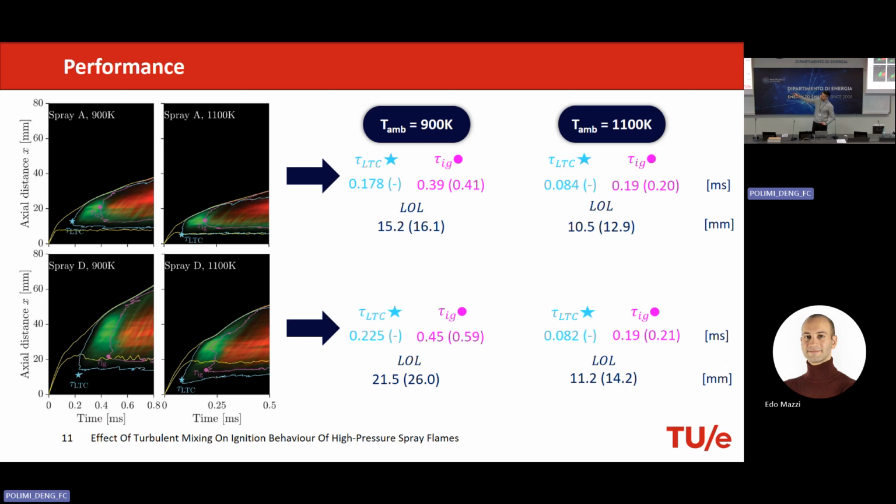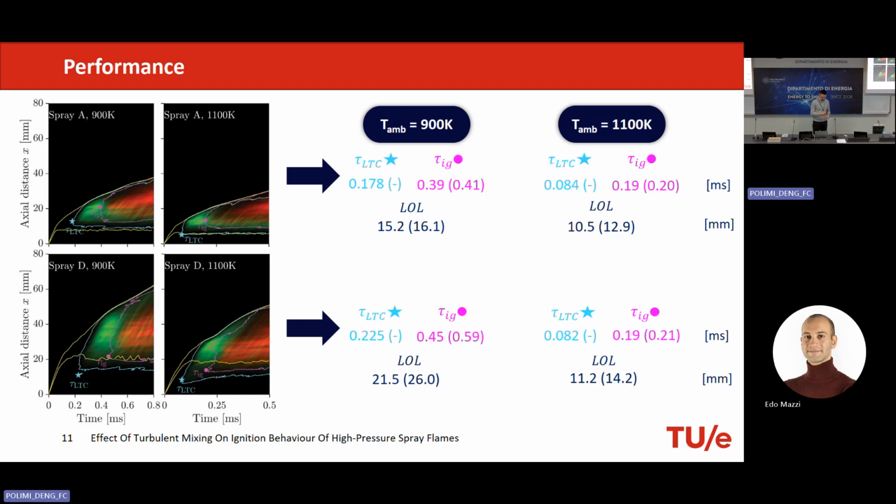We use this approach on the right, which is the IXT plots, which are basically radially integrated mass fractions of the CH2O that you see in green and the OH in red along the spray path.